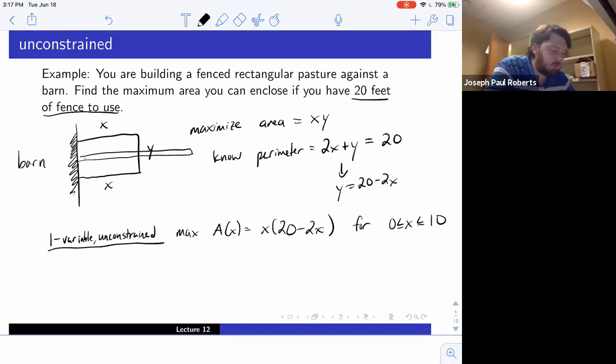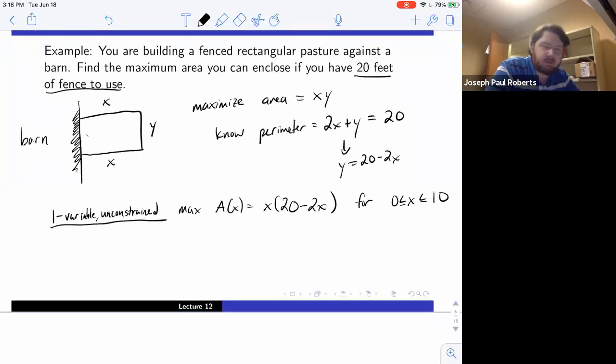I only have 20 feet of fence to work with, so as y goes to 0, x would approach 10 for this perimeter constraint. The reason why it's unconstrained is that it's only a 1-variable problem, and our domain is 1-dimensional. It's this interval on the number line, 0 to 10.